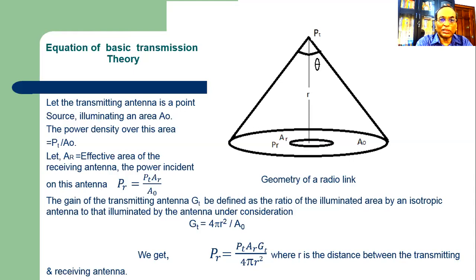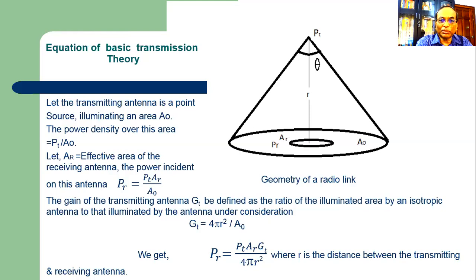The power density over this area will be PT divided by A0. Let AR be the effective area of the receiving antenna. The power incident on the antenna would be PR equal to PT AR divided by A0, PT by A0 into AR.